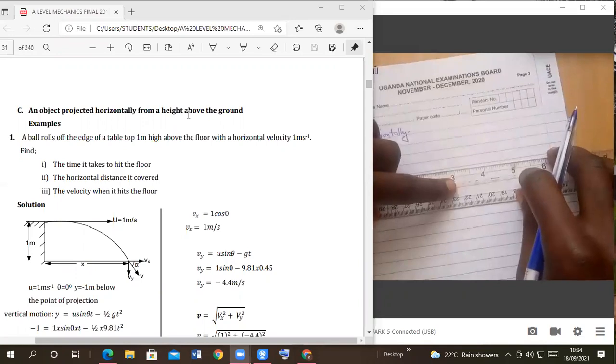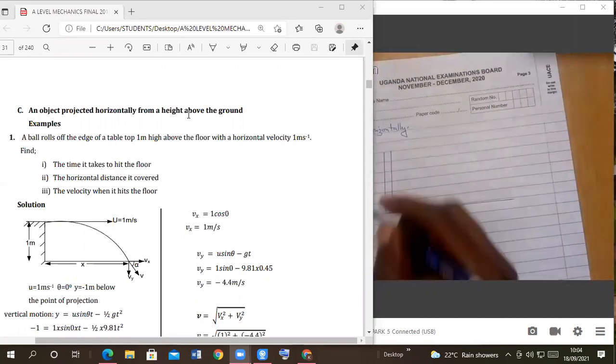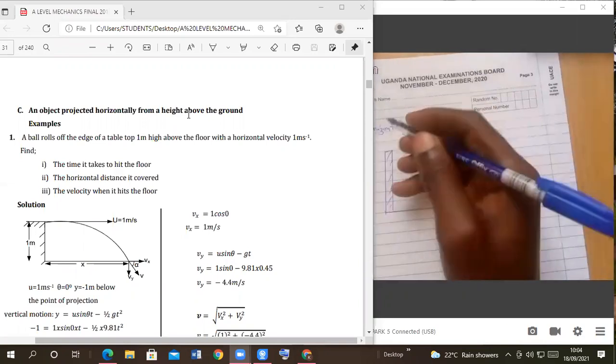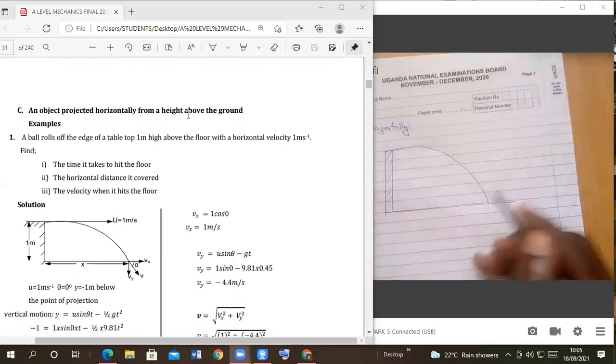Which means the velocity is running horizontally, because the body is projected horizontally. So it will move like this.